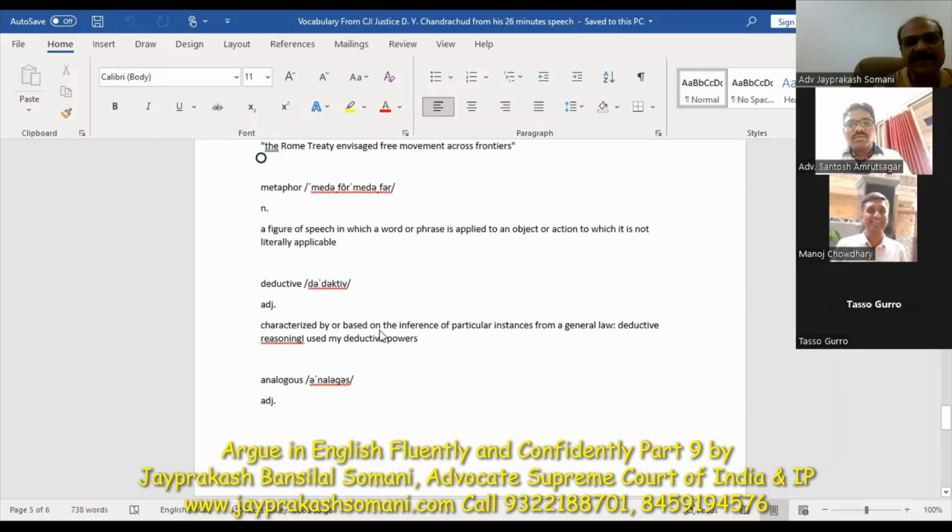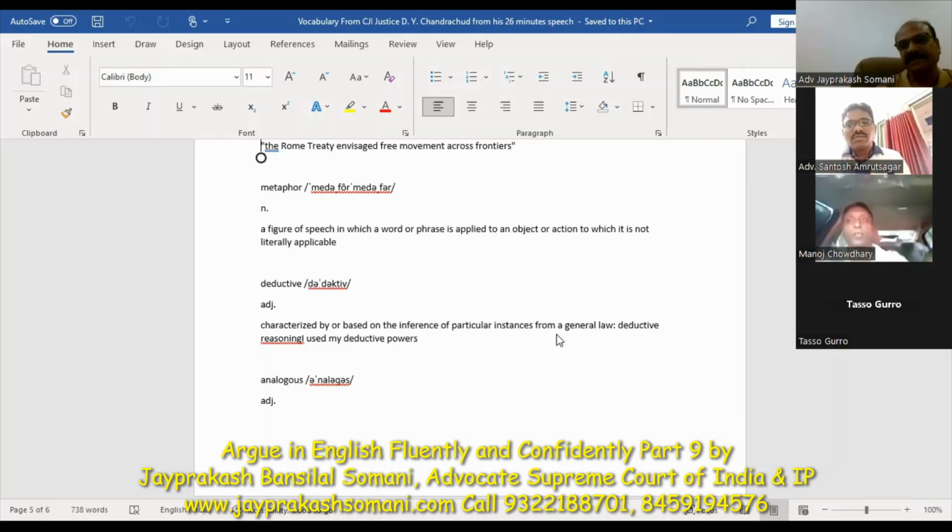Characterized by or based on the inference of particular instances from a general law. Deductive reasoning, used my deductive power. Then I'll make my own sentence, sir. All the documents which are not relevant in the court should be reduced by the honorable court. Correct.